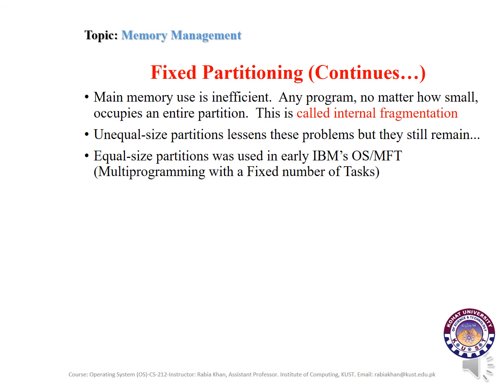For example, a 2 MB process, if placed in a 16 MB partition, will waste more space as compared to an 8 MB slot. But still the problem exists, though it gets lessened. IBM's operating system, multiprogramming with a fixed number of tasks, used equal-sized fixed partition, and they may not be present in today's latest operating systems.